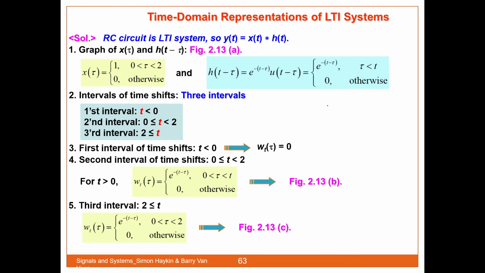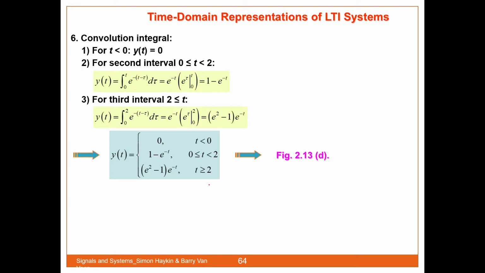The first interval, t less than 0, you will get 0. Second interval, you integrate between 0 to t, so you have this t as a variable. And then the third interval, t minus 2, so integrate again the e between 0 to 2.